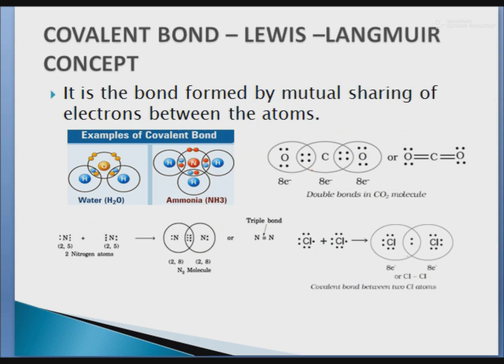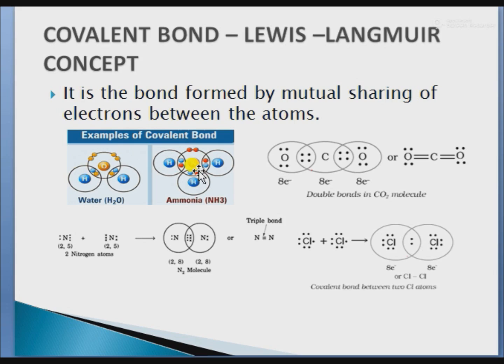Next is covalent bond or Lewis-Langmuir concept. It is the bond formed by mutual sharing of electrons between the atoms. For example, in case of water molecules, the hydrogen atoms share their electrons with the oxygen, and here oxygen completes its octet by sharing its 2 electrons with 2 hydrogen atoms, and it forms single bonds with the 2 hydrogen atoms.